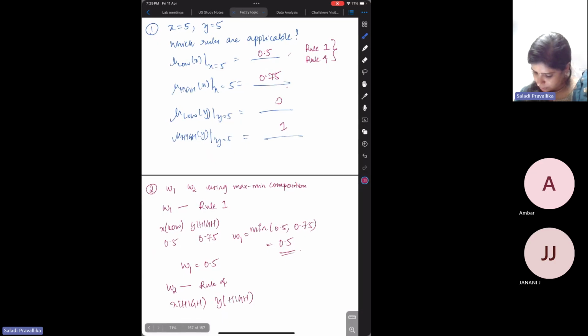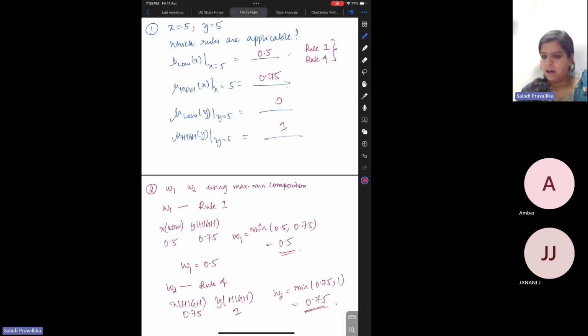So this value is 0.75, and this value is 1. So W2 is equal to the minimum of 0.75 comma 1, which is equal to 0.75. Amber and Janani, both of you are right.